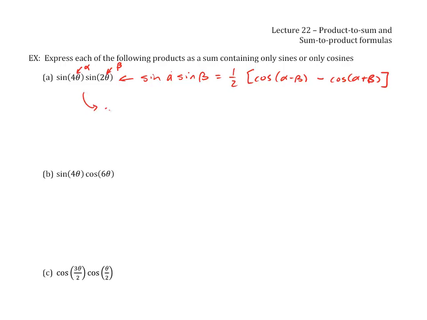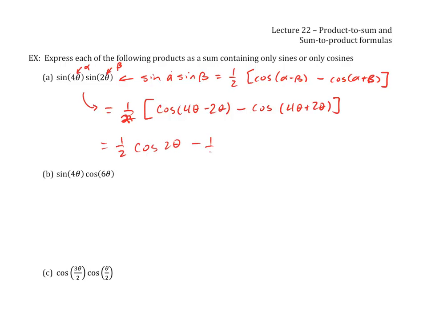So this becomes 1/2 of cosine of 4 theta minus 2 theta minus cosine of 4 theta plus 2 theta, which we can then simplify to be 1/2 of cosine of 2 theta minus 1/2 of cosine of 6 theta.